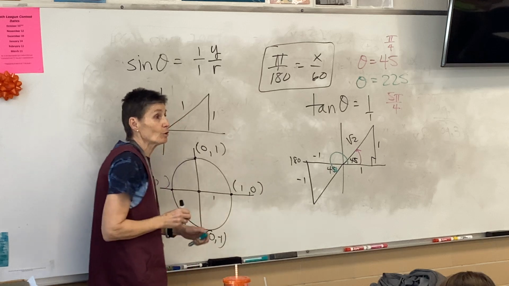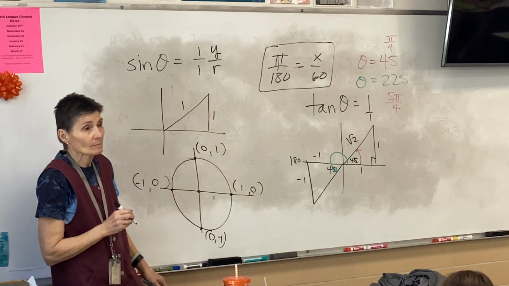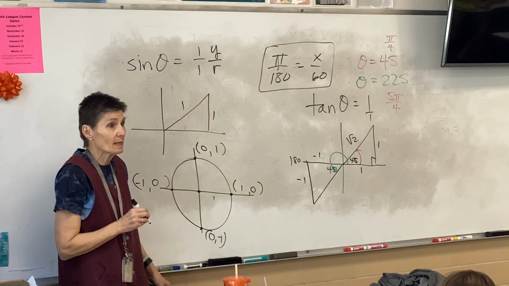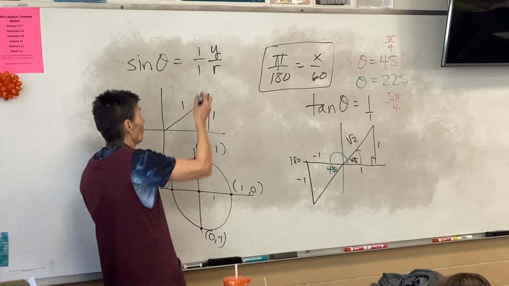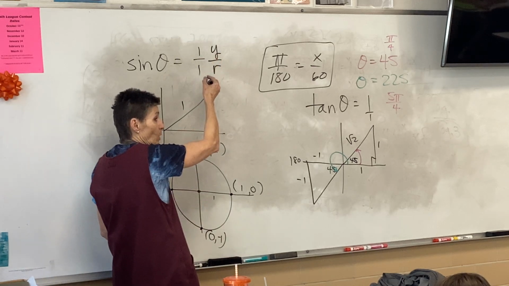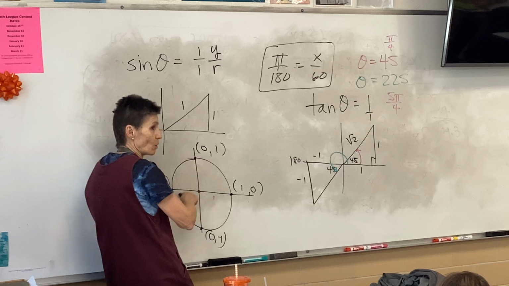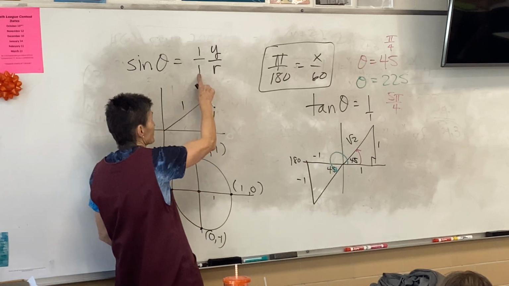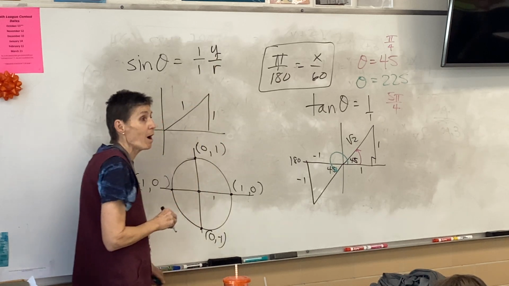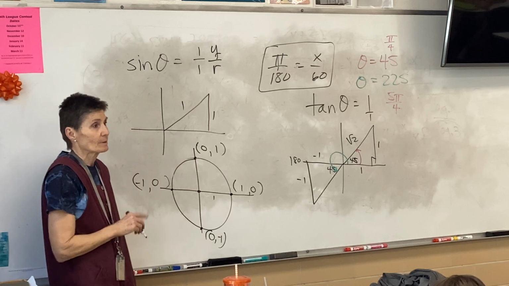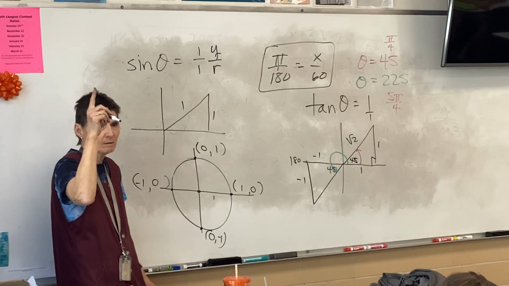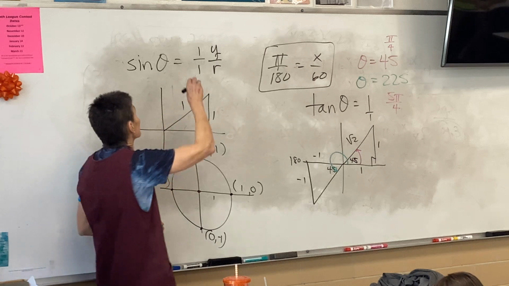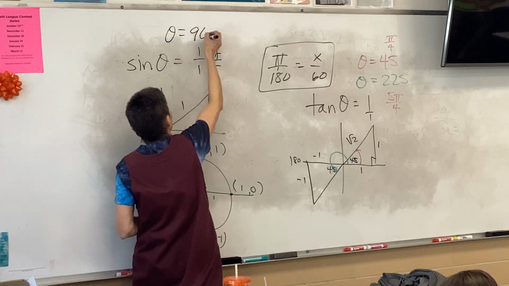So I need to look around the circle and find a place where y over r is 1 over 1. Now remember, my radius is always 1. So that part's covered. So where is y 1? Up on the top, which is what angle? 90. So theta is 90 degrees.